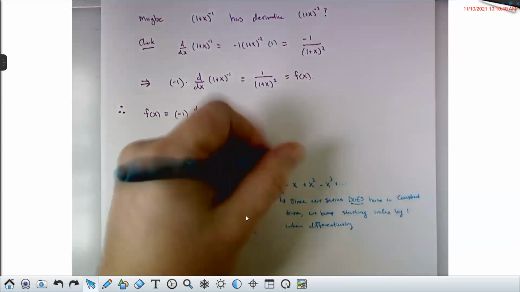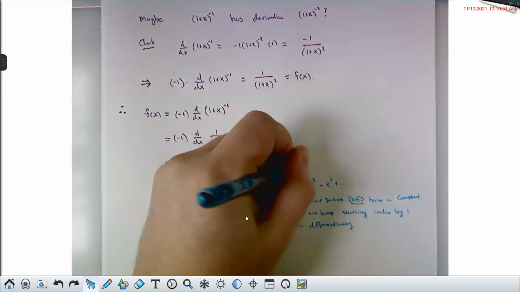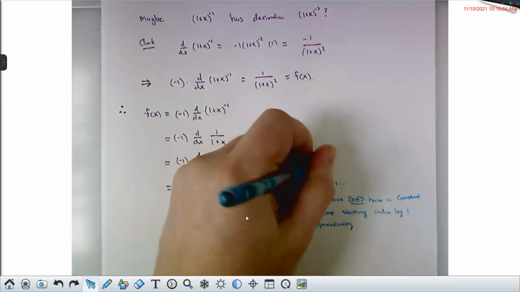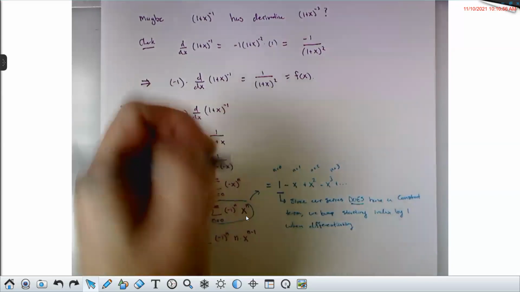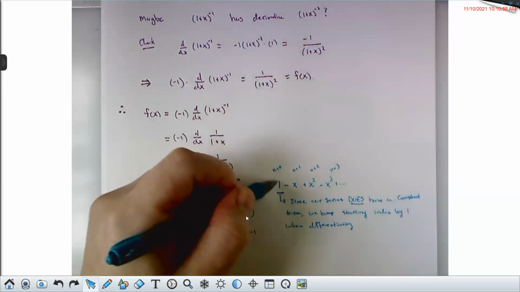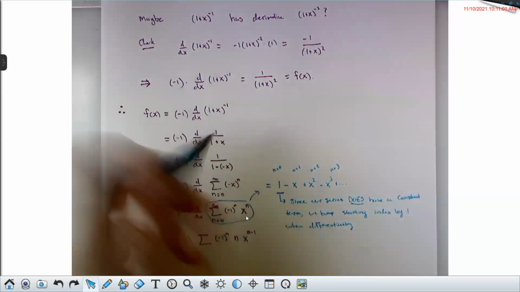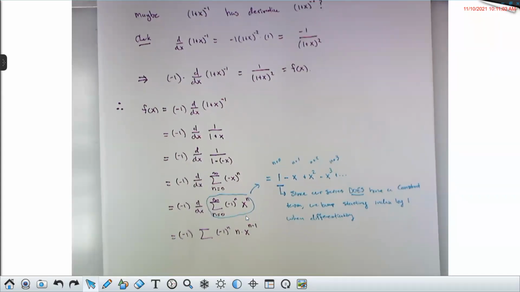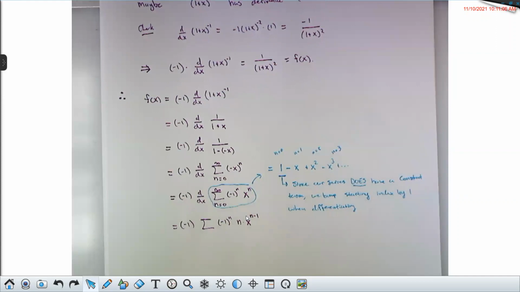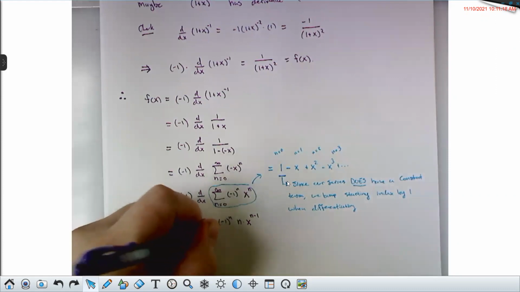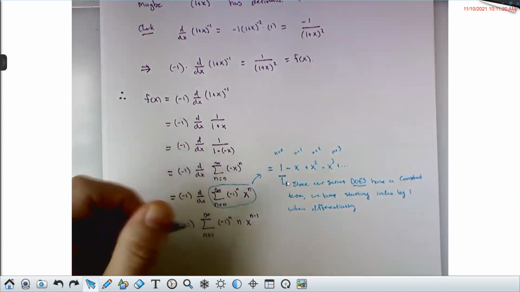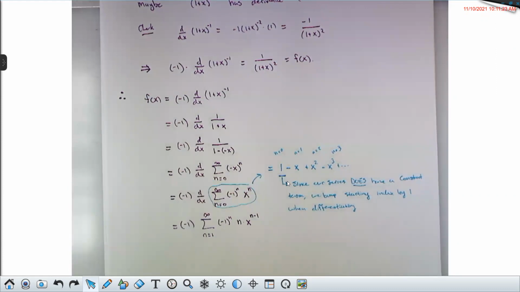Remember the idea behind this: this is the n equals 0 term, this is the n equals 1 term, this is the n equals 2 term, this is the n equals 3 term. The n equals 0 term, because it's a constant, will differentiate to 0. It will go away when we take the derivative. So there is no longer an n equals 0 term. The first term in the derivative would be the derivative of this negative x piece here. The n equals 0 term vanishes. So this becomes the sum from n equals 1 to infinity. And that's something you want to watch out for.